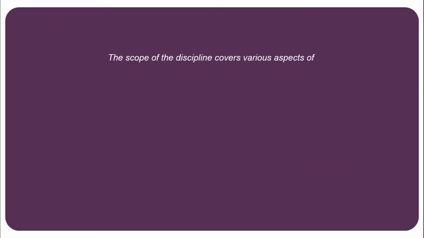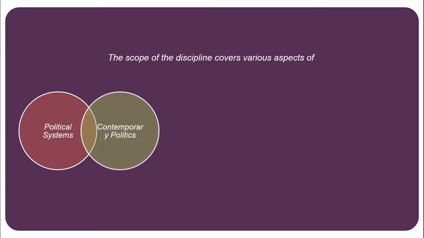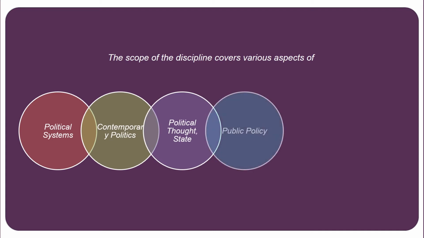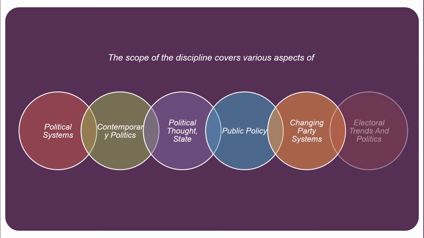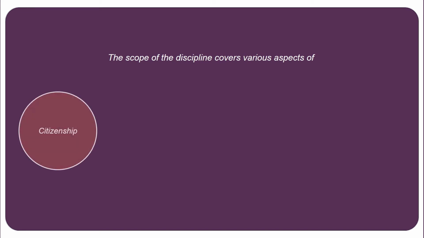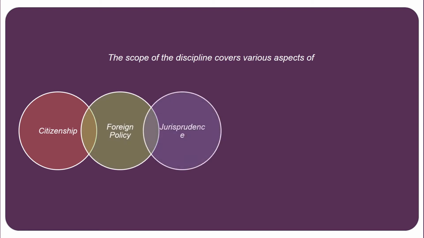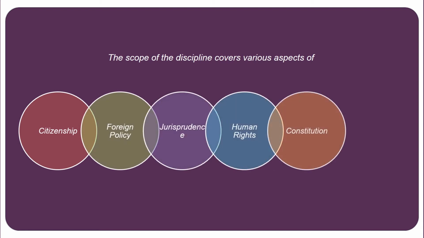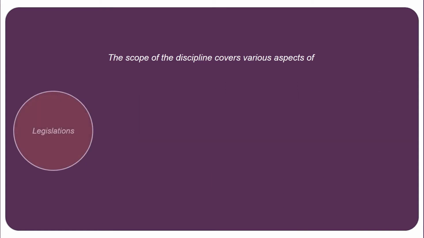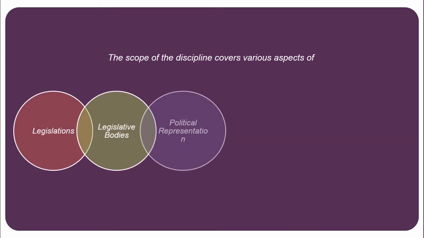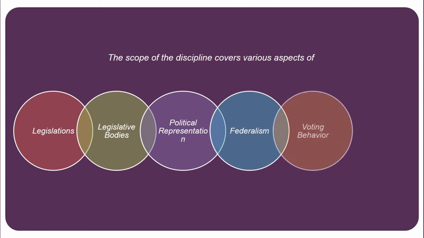The scope of the discipline covers various aspects of political systems, contemporary politics, political thought, state, public policy, changing party system, electoral trends and politics, citizenship, foreign policy, jurisprudence, human rights, constitution, governance, legislations, legislative bodies, federalism, political representation, voting behavior, public choice, etc. Many of these issues are often interdisciplinary.